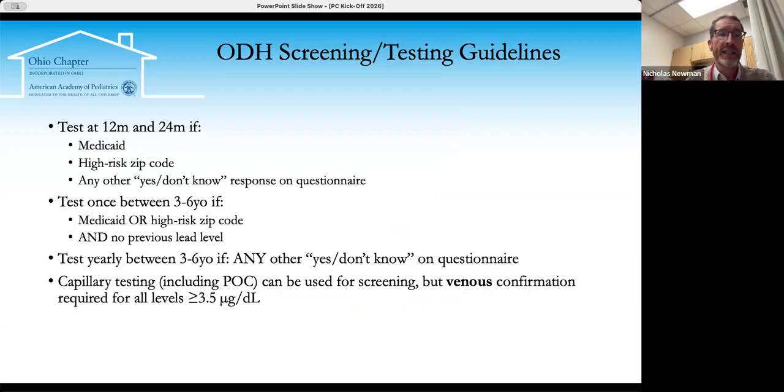It's recommended, and then if the child has never been tested, they definitely need to be tested between 3 and 6. And it's not like the law, but it's definitely recommended to test the kids yearly if the risk factors still exist.